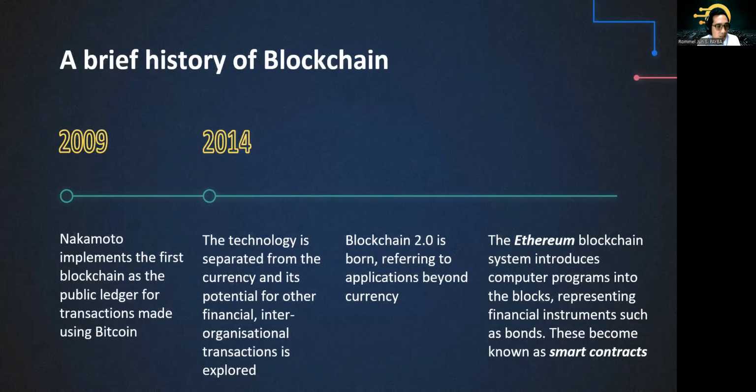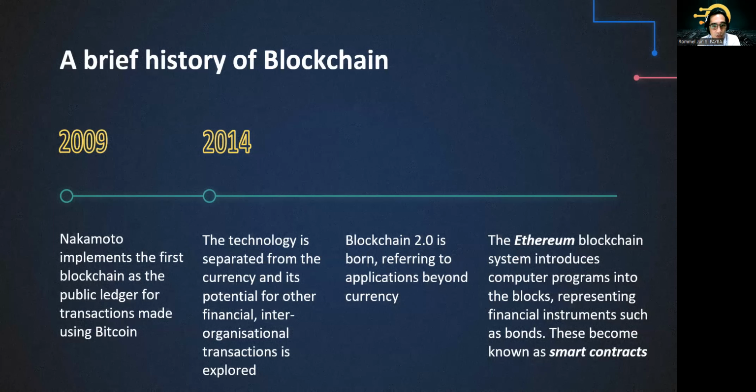In 2014, the technology is separated from the currency and its potential for other financial inter-organizational transactions is explored. Then a few years after that, Blockchain 2.0 is born, referring to applications beyond cryptocurrency. So aside from the fact that Bitcoin is a digital currency, more and more practical applications of the technology have been explored.